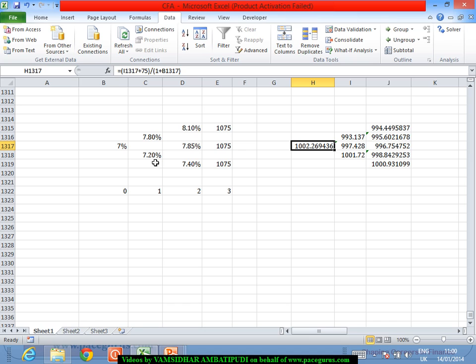Because of that, I am seeing that the value of the bond, if there is no option or anything else, is going to be 1002.26. So it could be a premium kind of bond itself, especially for the next 3 years.